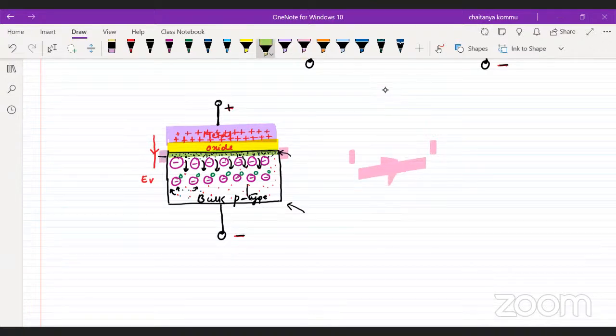Please remember that. Whether it is an electron or a hole, if you want to move a carrier from one end to another, we have to apply an electric field.